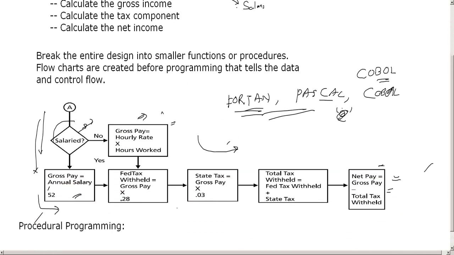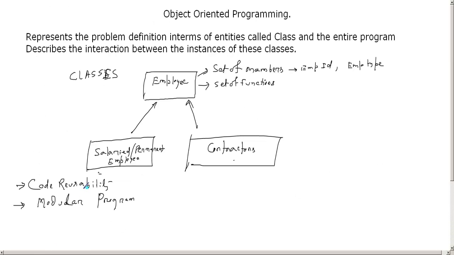There is another approach called object oriented programming, where we divide the program into a set of entities called classes, and each entity has its own members and its own functions to execute on the members.